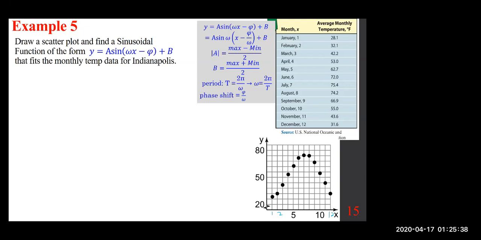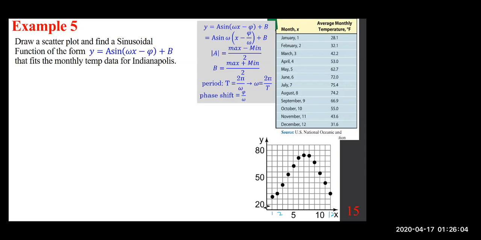I want you to know that. If it doesn't, then it doesn't fit. But if it looks similar, we can fit it into a sinusoidal function. So we are going to follow what we just discussed. In order to come up with that, we need A, we need omega, we need B, we need a lot of stuff. So let's see how we find them.